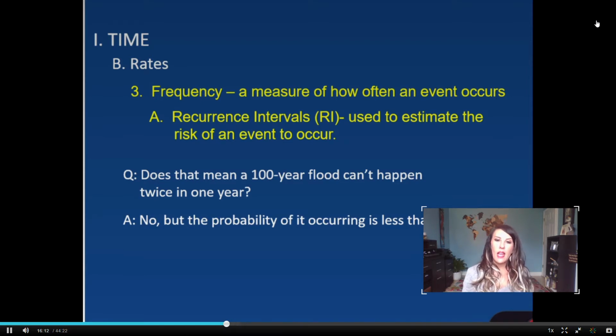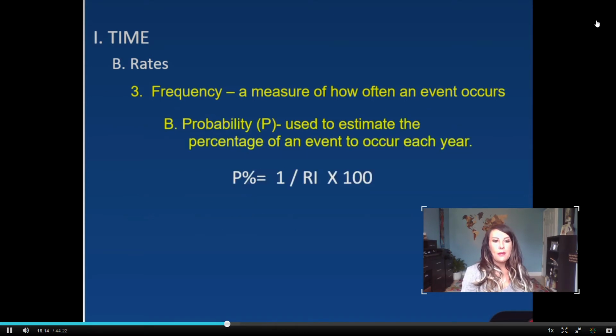And so there's an equation that we can use to determine probability. Probability is recorded to you in a percent. So it is 1 over the recurrence interval, and then you multiply that by 100%. And probability is used to estimate the percentage of an event to occur each year, so how likely you expect it to occur.